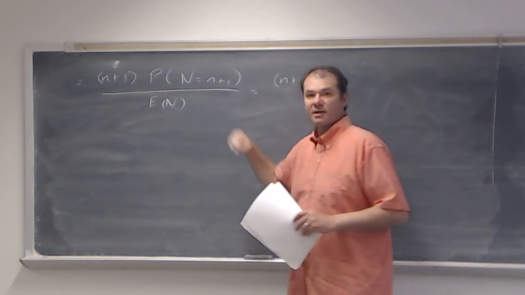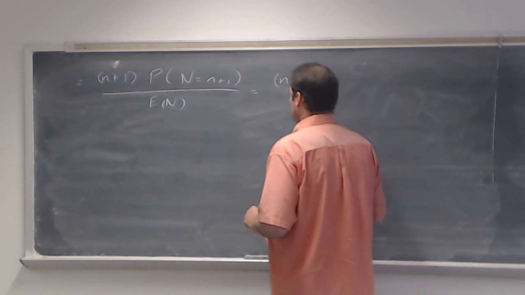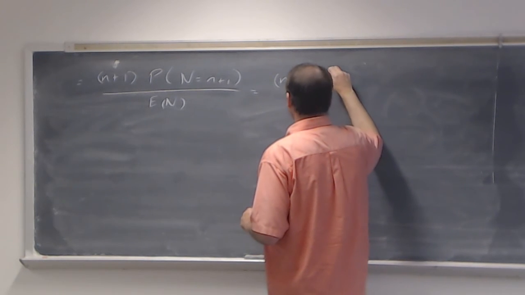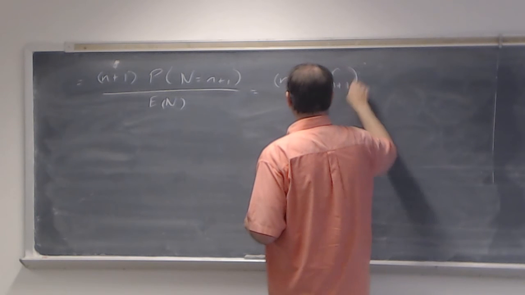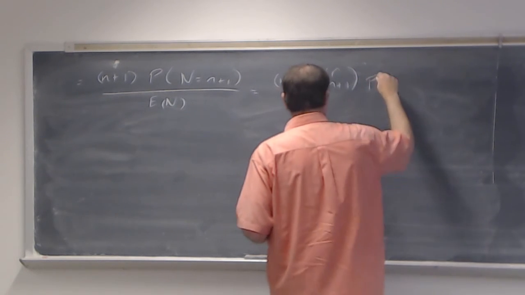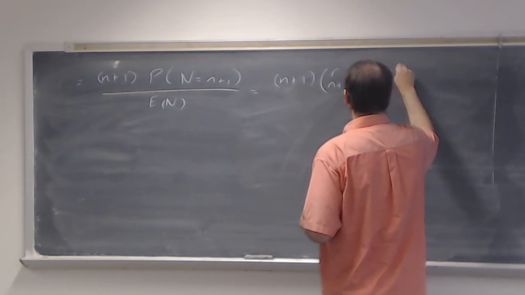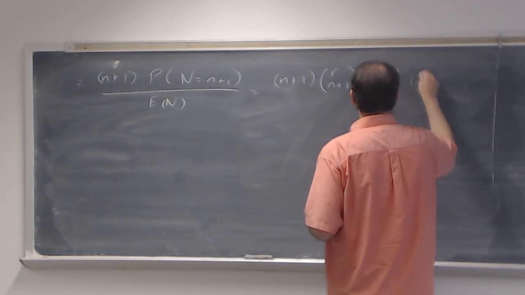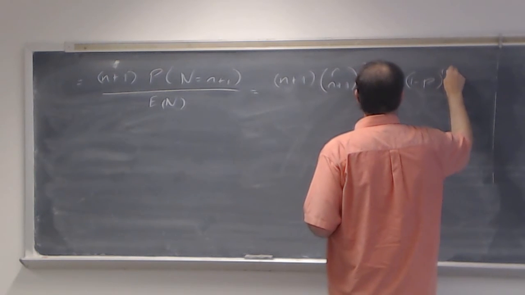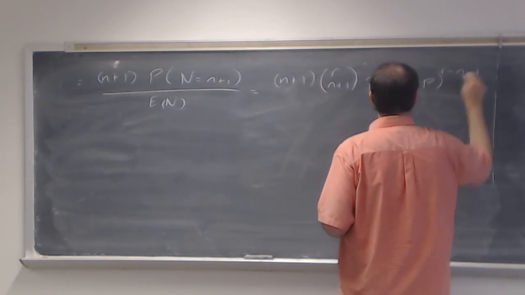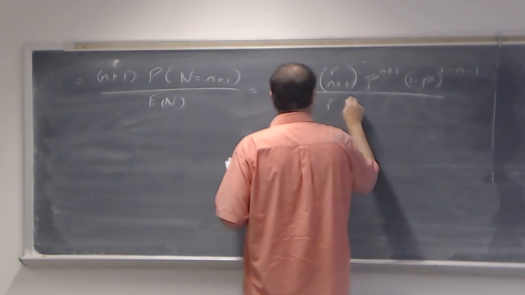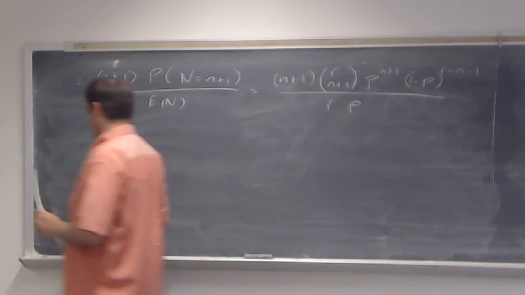Now, N was binomial, with parameters R and P. So what we get here is R choose n plus 1, P to the n plus 1, 1 minus P to the R minus n minus 1, all over the expected value of N, which is R times P, because it's binomial.